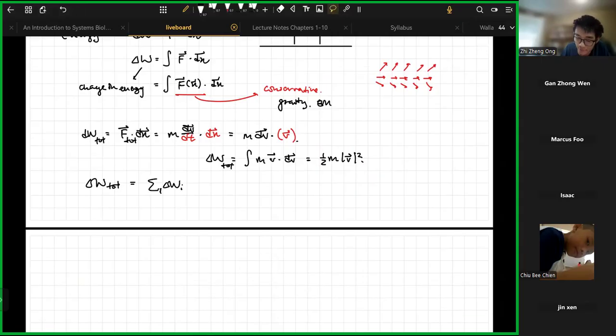The total work done is just equal to the sum of the individual force components of work done. If a body has net positive work done, then the kinetic energy will increase. Otherwise, it will decrease the kinetic energy and stop it.